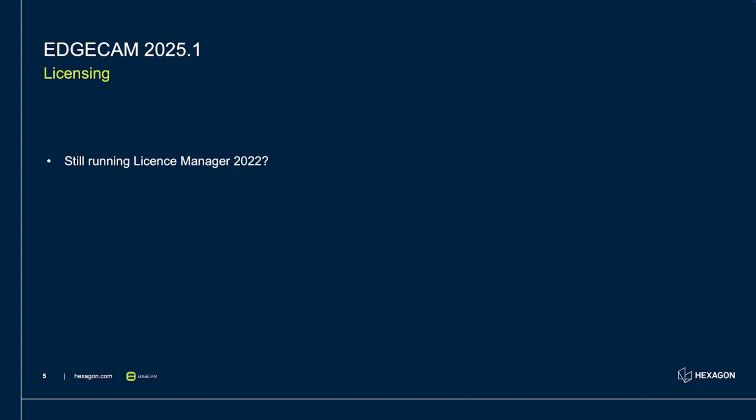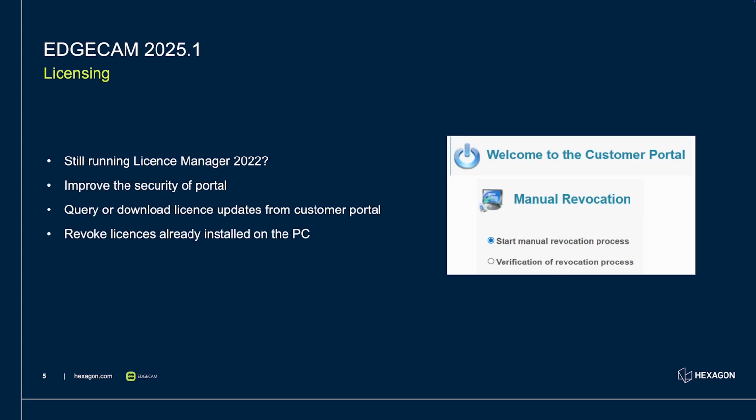Some of you are not running recent versions of EDGECAM. Today we're talking 2025.1, but you might still be back at 2022. You naughty fellows, you should really be upgrading, but I understand why you don't. If that is the case, you might be experiencing problems getting through into our customer portal. That's because the customer portal and its security access has been upgraded and it's working with the latest CLS.